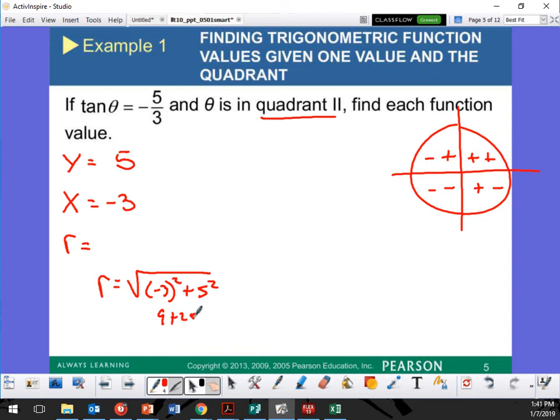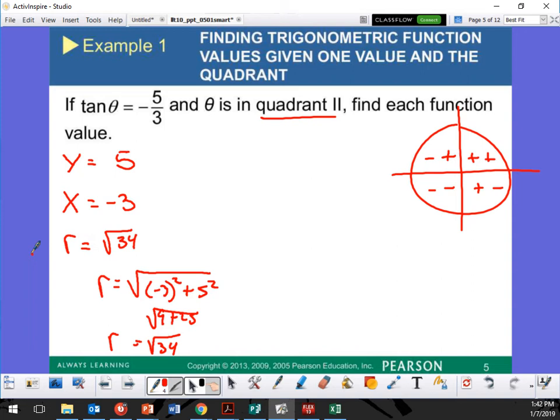This is 34. It's 5.83. Square root of 34. Leave it as that. Because for all of our fractions, it's easier to do them if we have just the radical. The only thing that we're going to have to do is just rationalize.